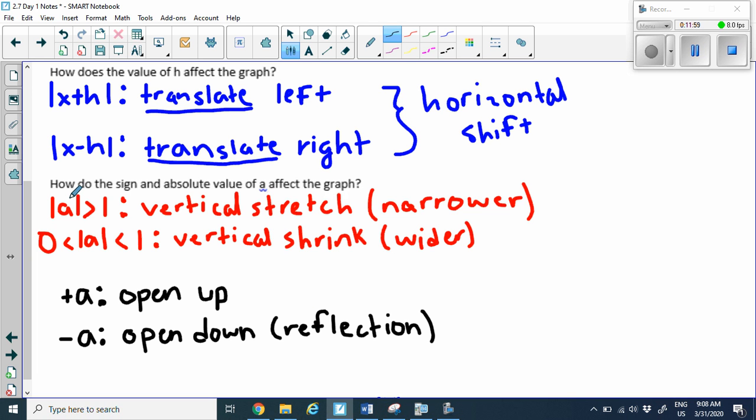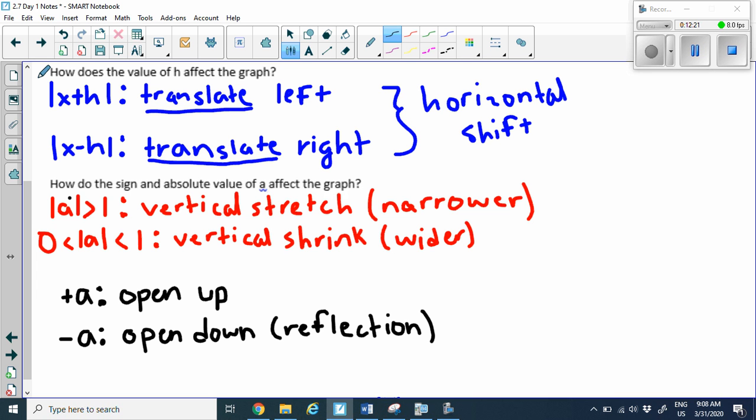Or if the absolute value is greater than 1, it's a vertical stretch. But if it's between 0 and 1, it's a vertical shrink. One thing I do need to indicate is that anytime our A value is equal to 1 or -1, there is no vertical stretch or shrink, because it's not really changing. It's not becoming narrower or wider.